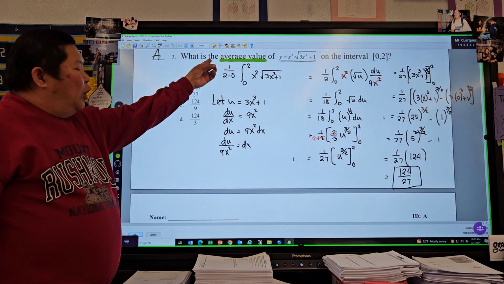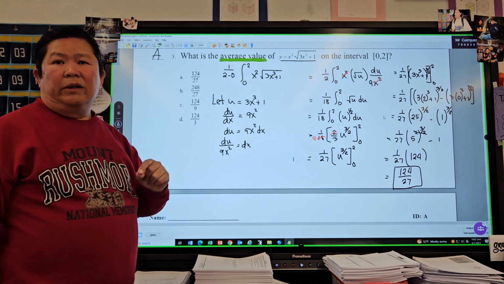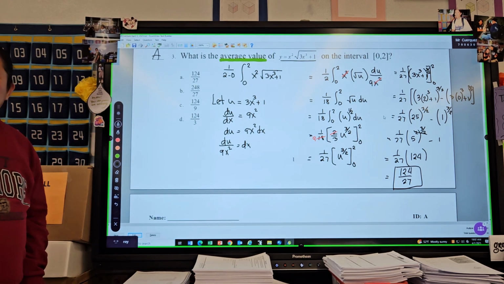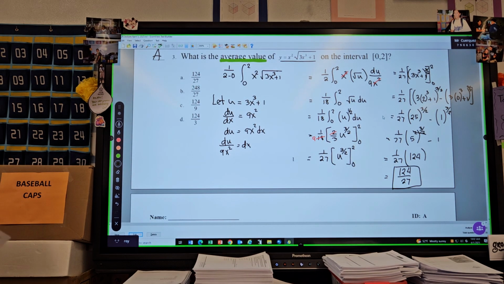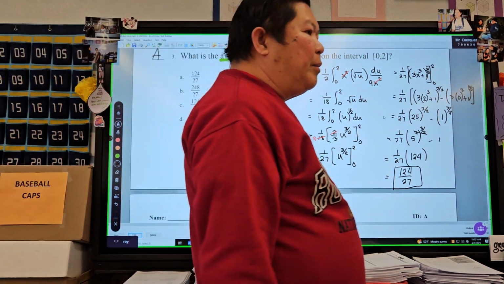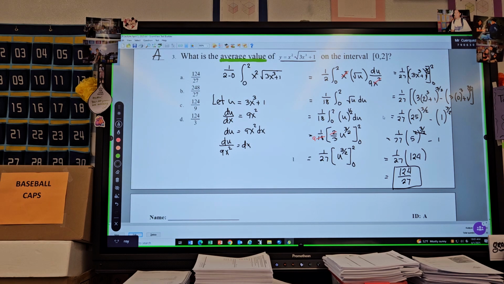So, guys, always remember average value, so you have to write it this way: 1 over b minus a, and then the integral from the given interval, 0 to 2 or a to b. And if it requires u-sub, you have to do u-sub like this.